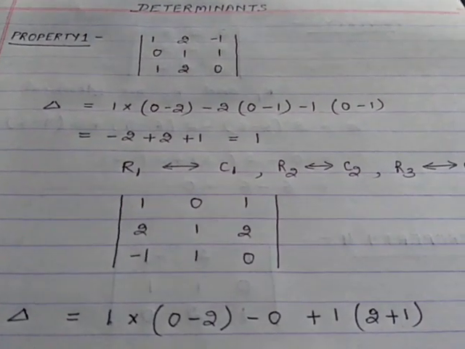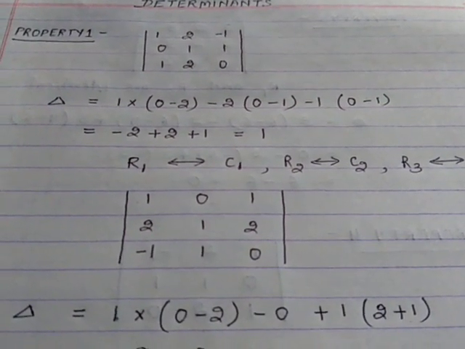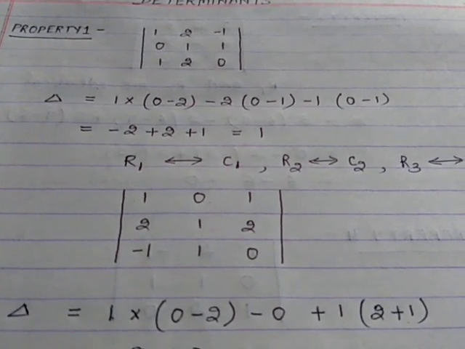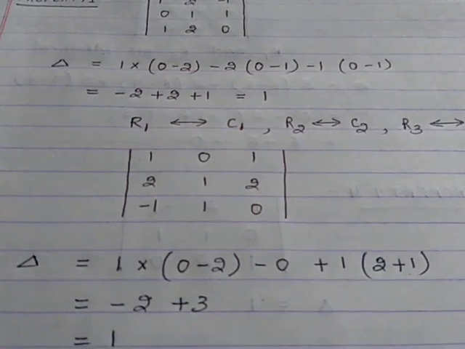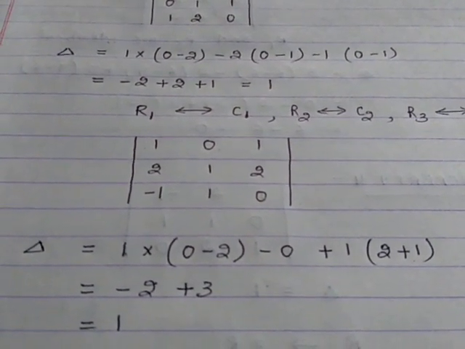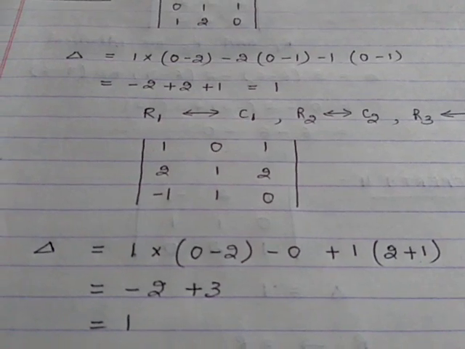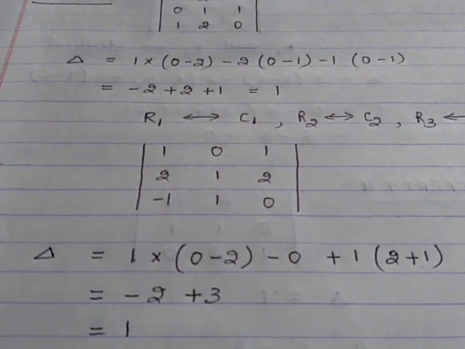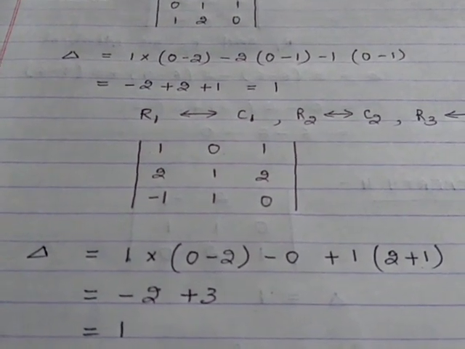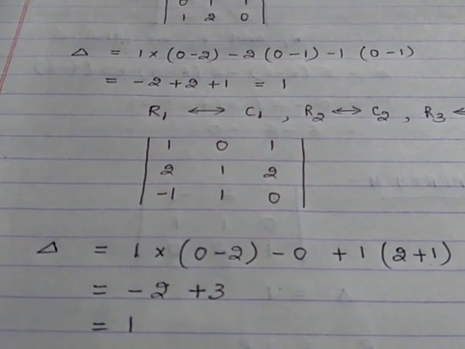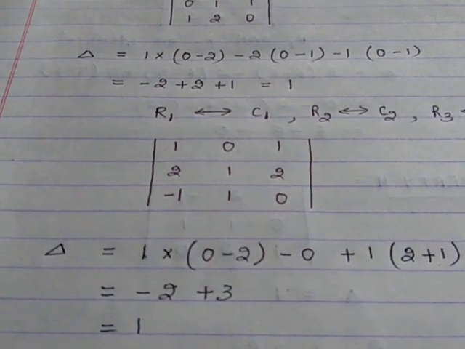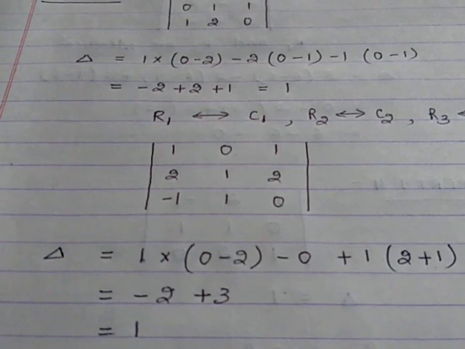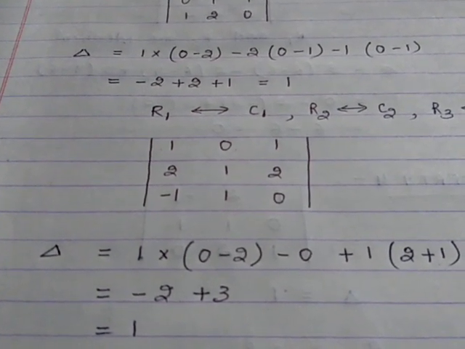Now if we again expand after applying the property, you can see its value is again 1. So this is property number 1, that we can interchange rows and columns of a determinant.